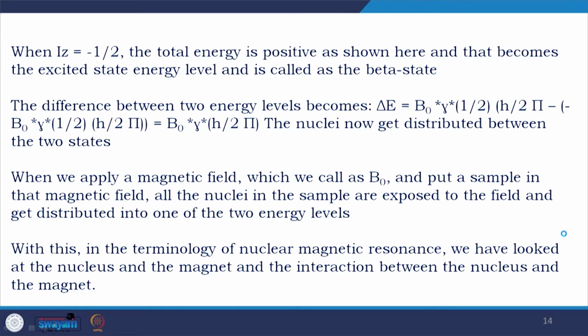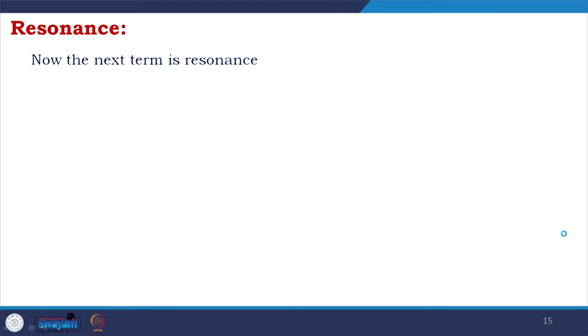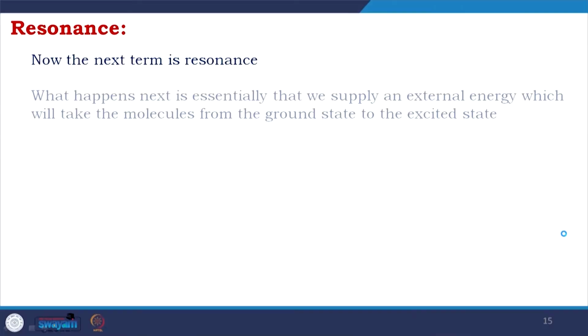With this, in the terminology of nuclear magnetic resonance, we have looked at the nucleus and the magnet and the interaction between the nucleus and the magnet. Now, the next term is resonance. So, we talked about nuclei, we talked about the magnet, and now it is resonance.